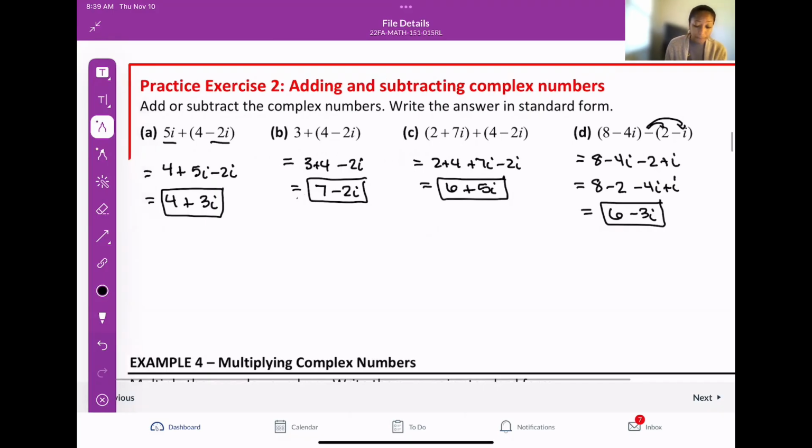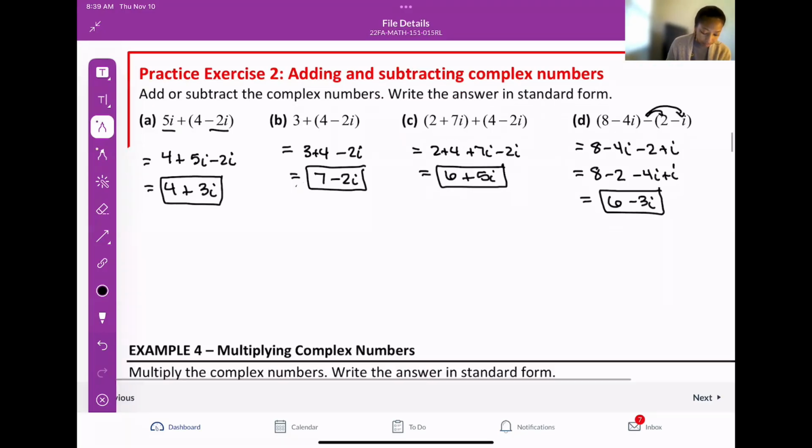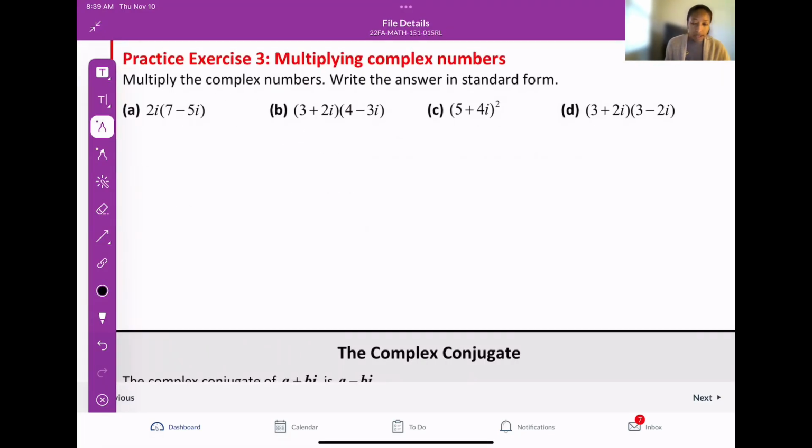Next, we're going to talk about multiplying complex numbers, and this will work out the same kind of way that we multiplied before. You're going to use the distributive property and you're going to use foiling. So if we have to multiply, let's see, our different examples here. We have an imaginary number times a complex number, 2i times 7 minus 5i.